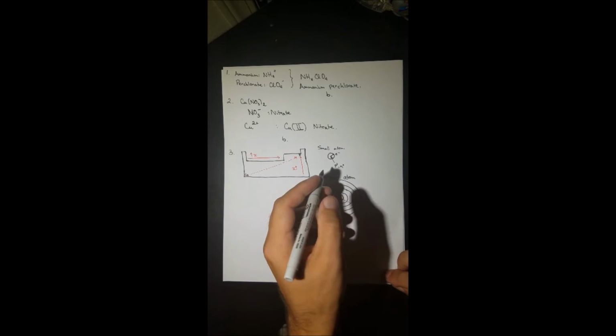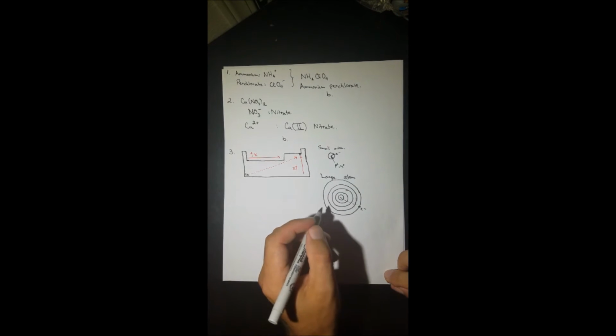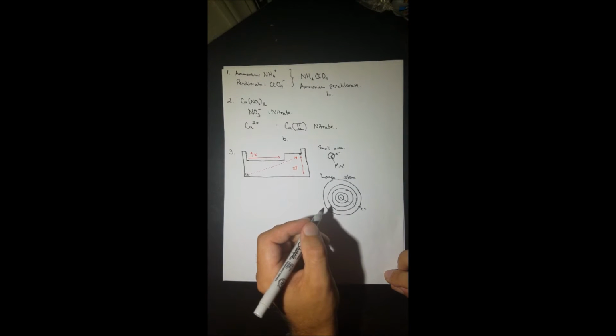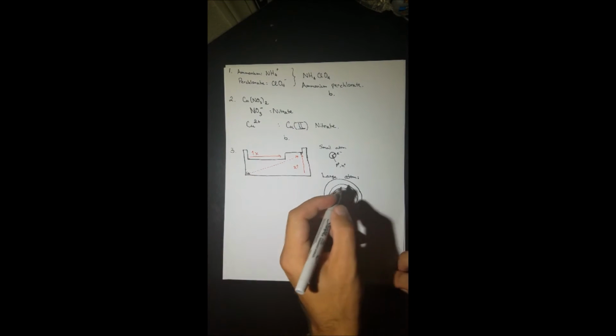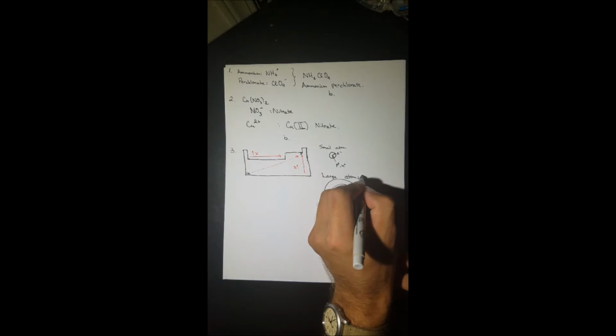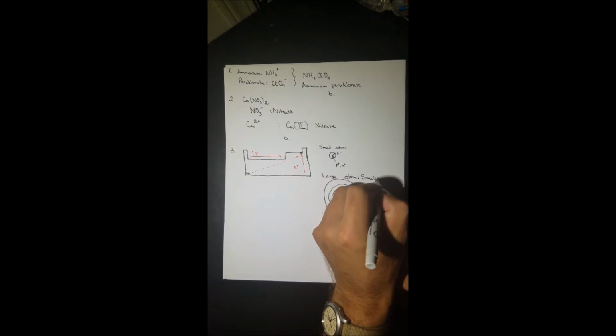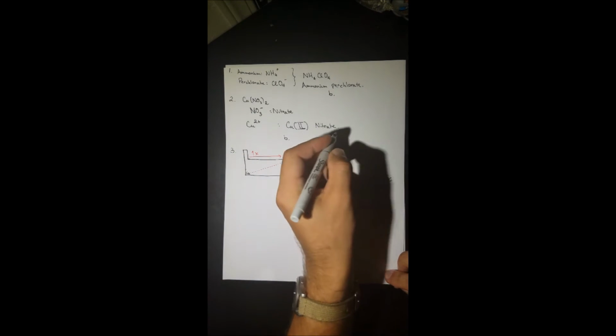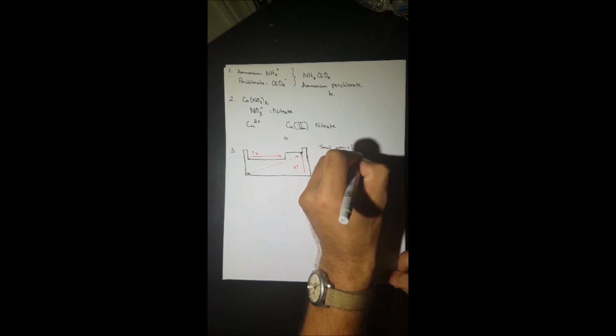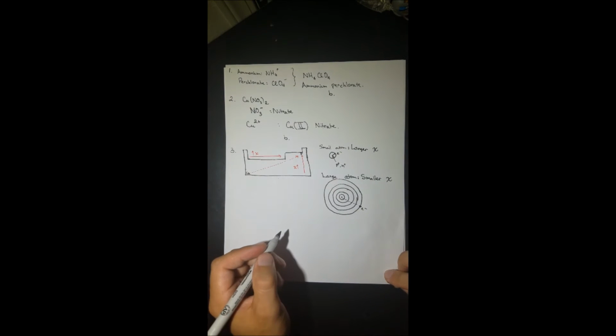So larger atoms experience more shielding. What we can follow up with is that larger atoms have smaller electronegativities, and smaller atoms have larger electronegativities.